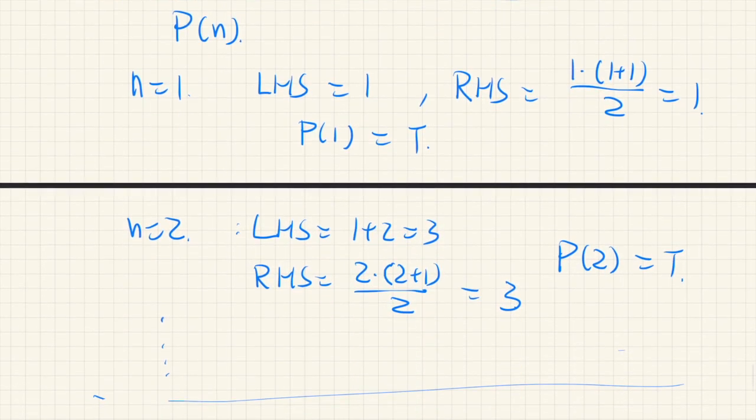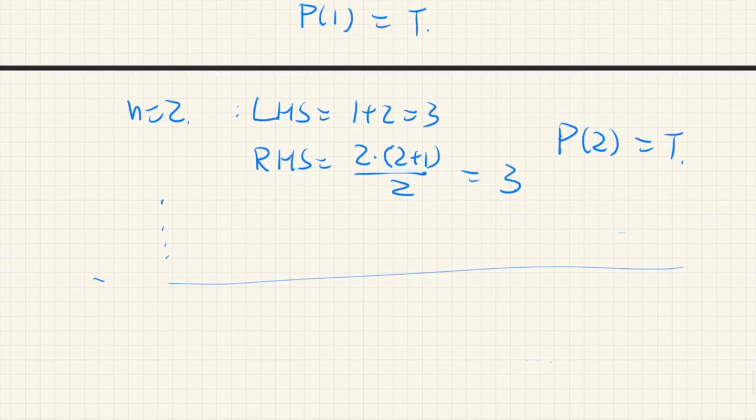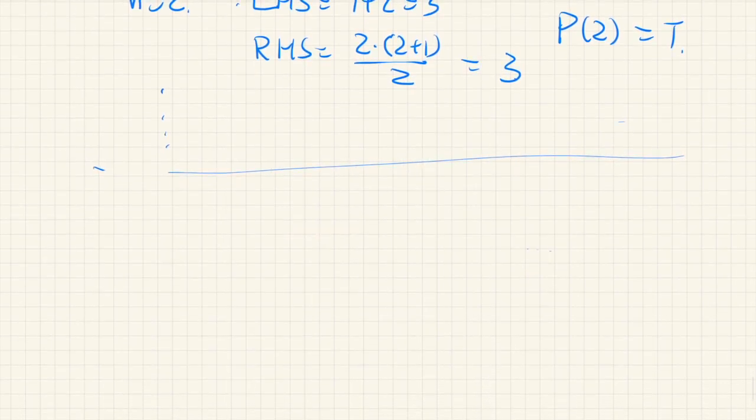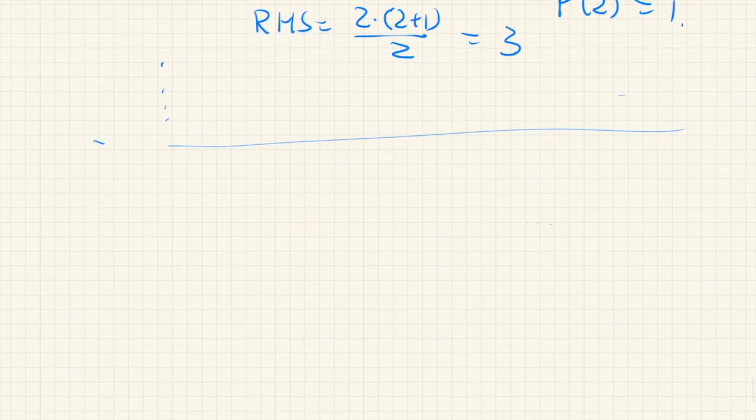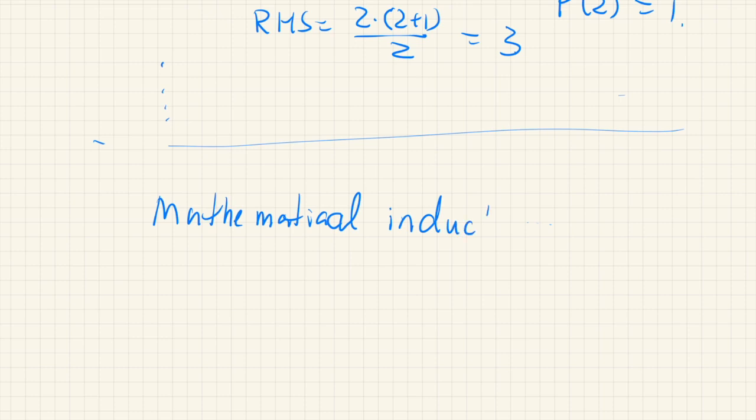And to prove this, we use a technique called mathematical induction, which we introduce as an axiom. So mathematical induction, called induction, or simply induction. In a philosophical sense, this is not really an induction.